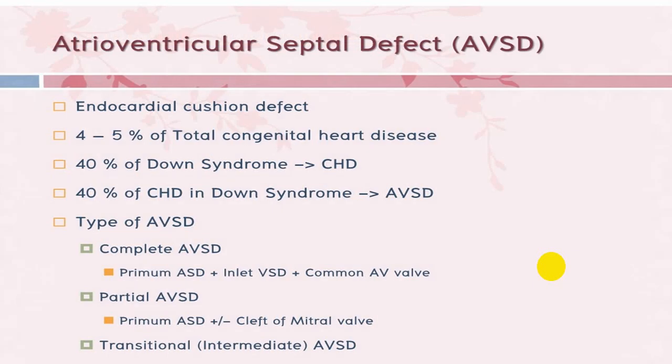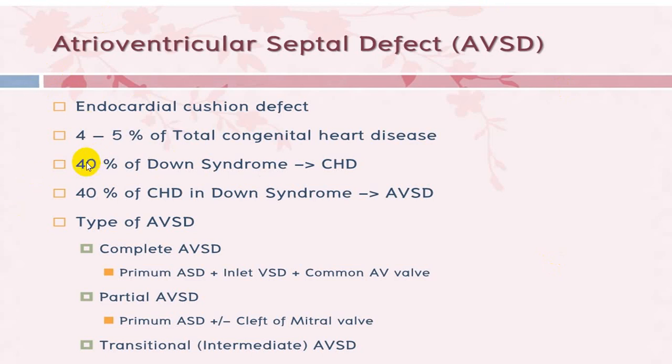VSD is also common with atrioventricular septal defect, where you will have an ASD as well as VSD together. It can be complete, partial or intermediate variety, where you have ASD plus VSD and atrioventricular valve defects. It is quite common in Down syndrome.